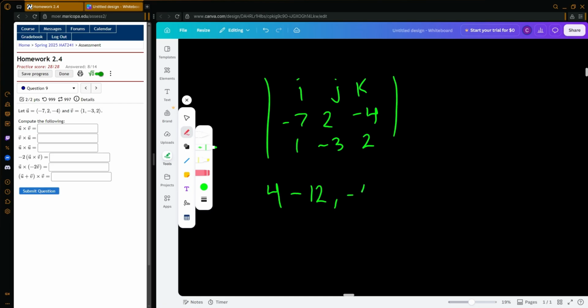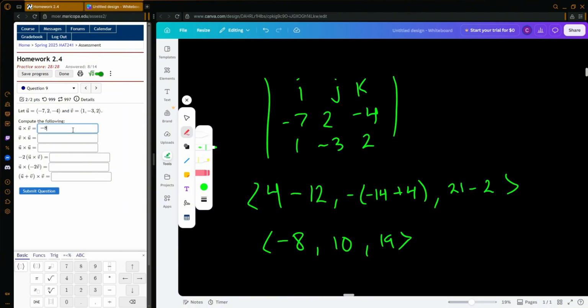And we'll do negative 7 for negative 14, minus negative 4, so plus 4. For this one, it's going to be 21 minus 2. So it gives you negative 8. This is going to be negative 10, so it's going to be plus 10. This will give you 19.